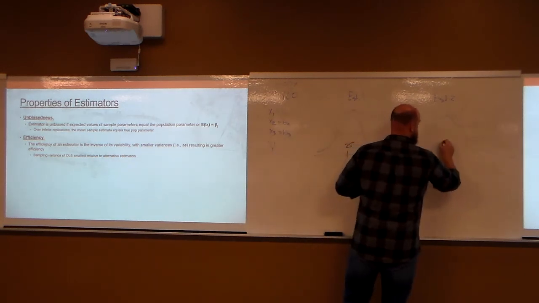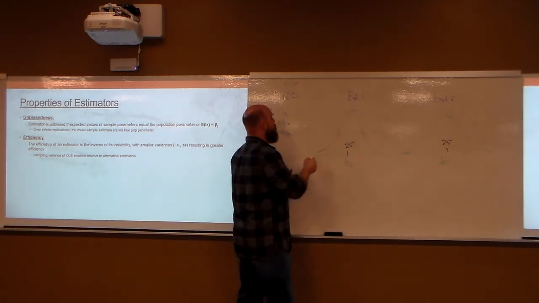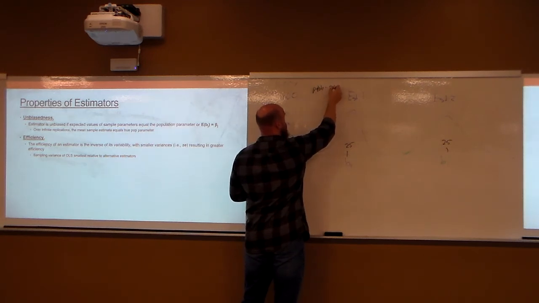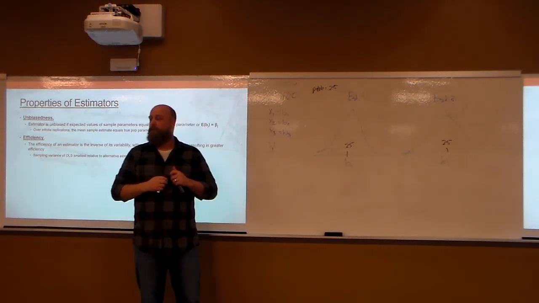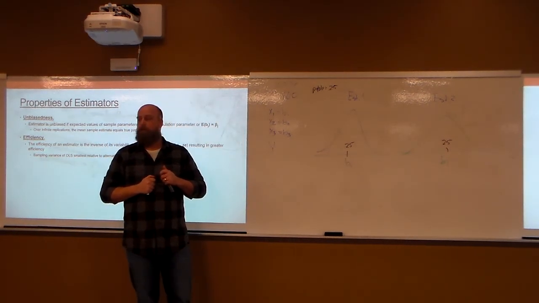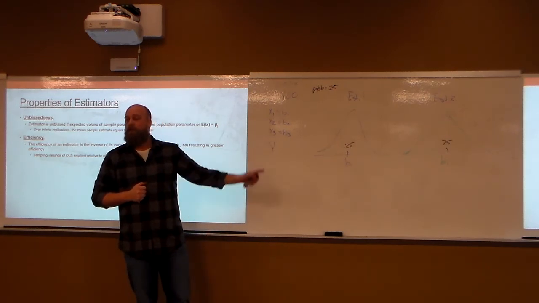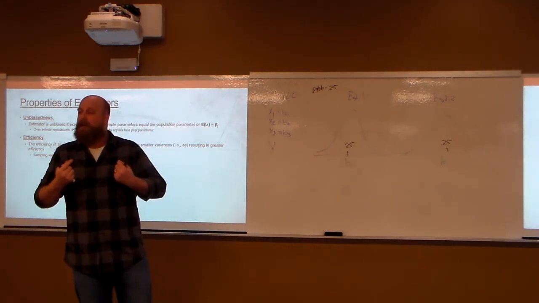And let's say for both of these, the average value is 0.25, and my actual population value is also 0.25. So is either one of these estimators biased? Not biased, right? But which one's more efficient? The first one. It's more efficient because the variability of its sampling distribution is lower.